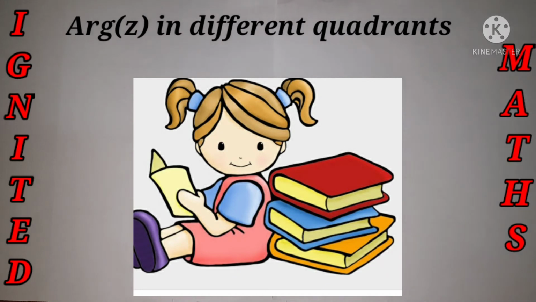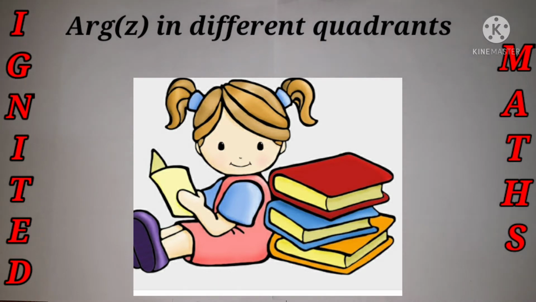According to the different signs of x and y, the value of theta changes. That is for different positions of the point P of xy. The point P of xy may be in the first, second, third or fourth quadrant.